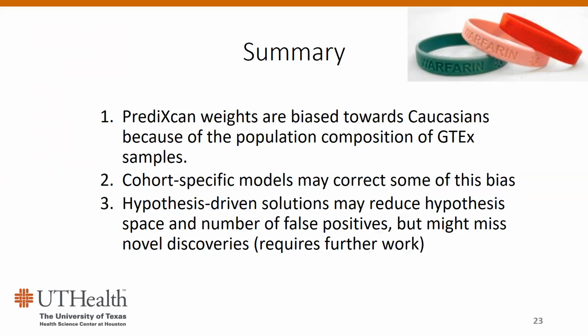And the third is that hypothesis-driven solutions, like, for example, focusing just on these 116 genes, may reduce the hypothesis space and the number of false positives. Obviously, it might miss novel discoveries, and this requires further work. But since we had 1,700 different features for this study, we believe that we captured the more significant expression.